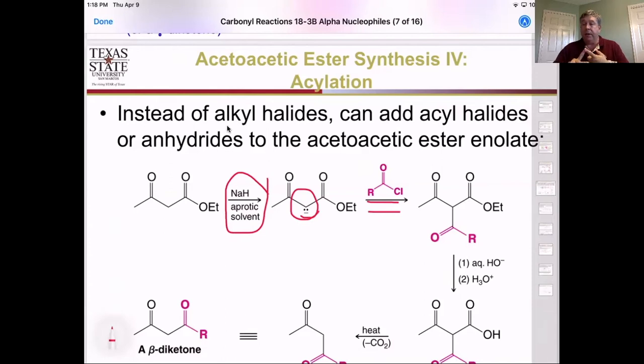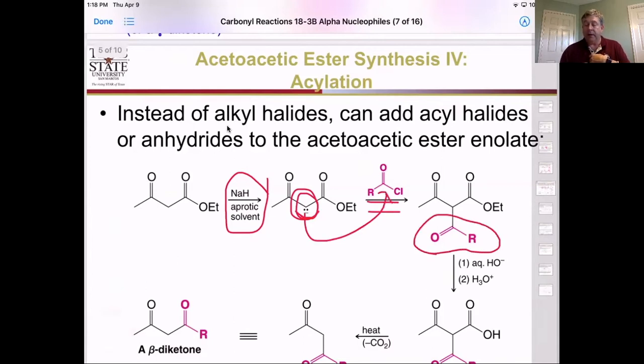So we can't have an alcohol or an alternative to ester, and we can't have water because that'll hydrolyze it to the acid. In this case, we want to form the enolate in anhydrous conditions such that we can use that as the nucleophile to displace chloride here, giving us our acyl group attached to it.